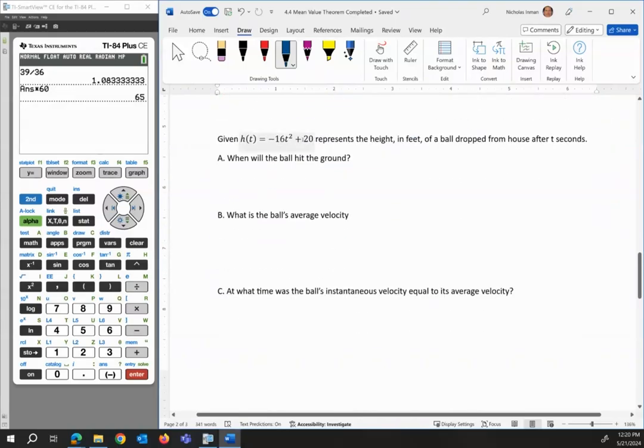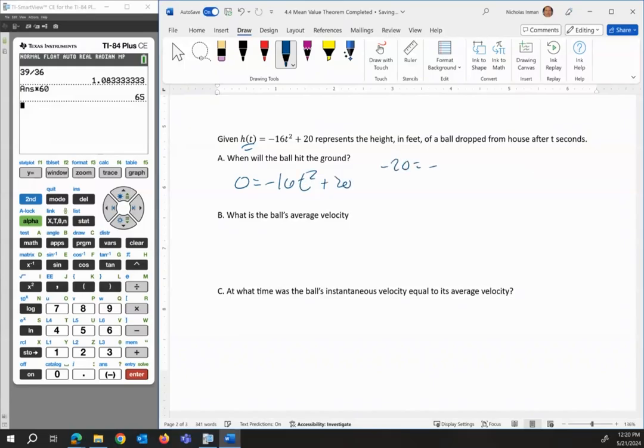So given this equation represents the height of a ball dropped from a house, we can find when it would hit the ground. You just set the height equal to 0. Move the 20. Divide by negative 16. That'll change to positives. And then we take the square root.